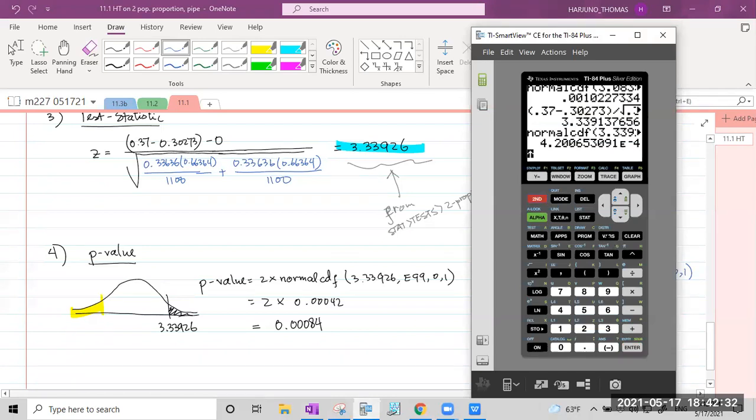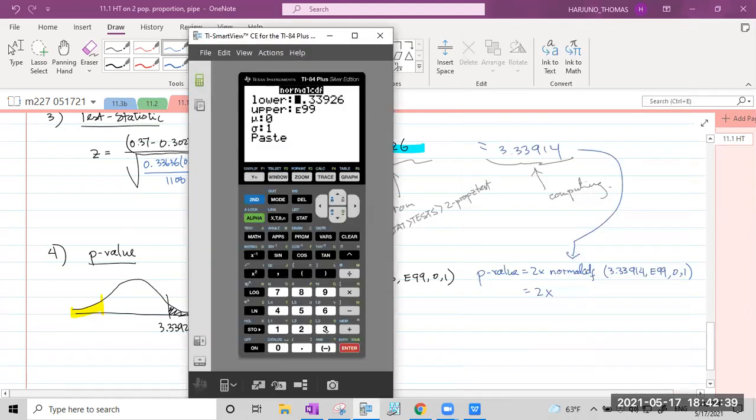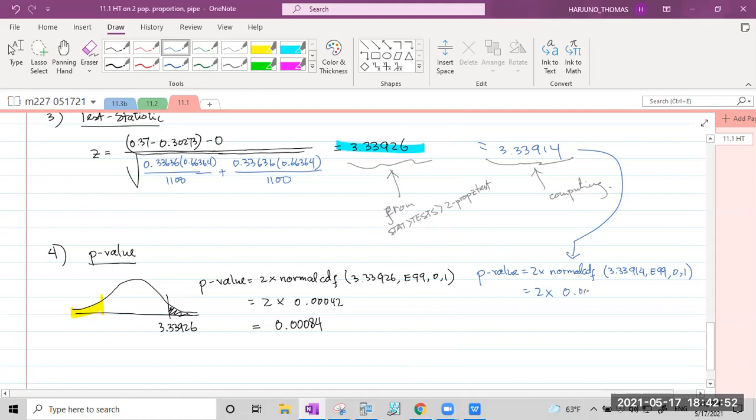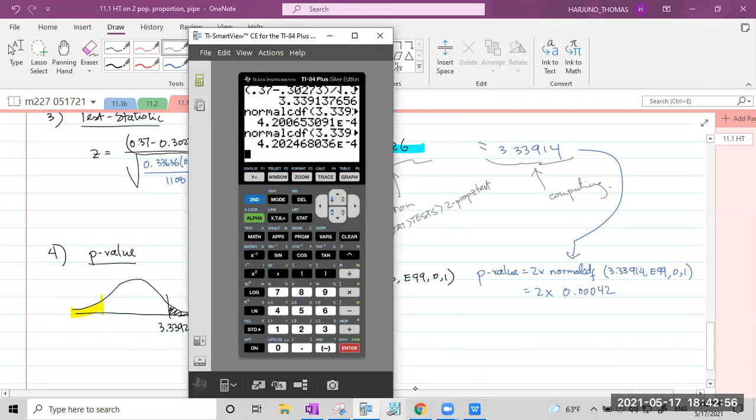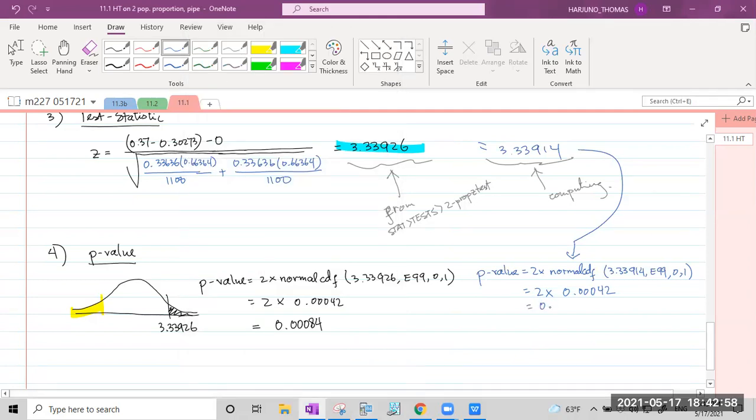Normal CDF 3.33914 E99. You see, we get the same thing, right? That will be 0.00042. When we round it to 5 decimal places, we get the same thing. So this is 0.00084.